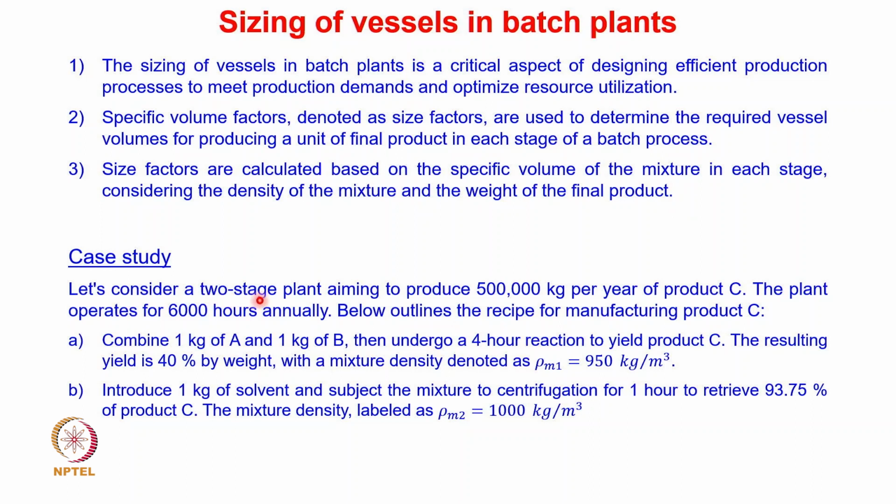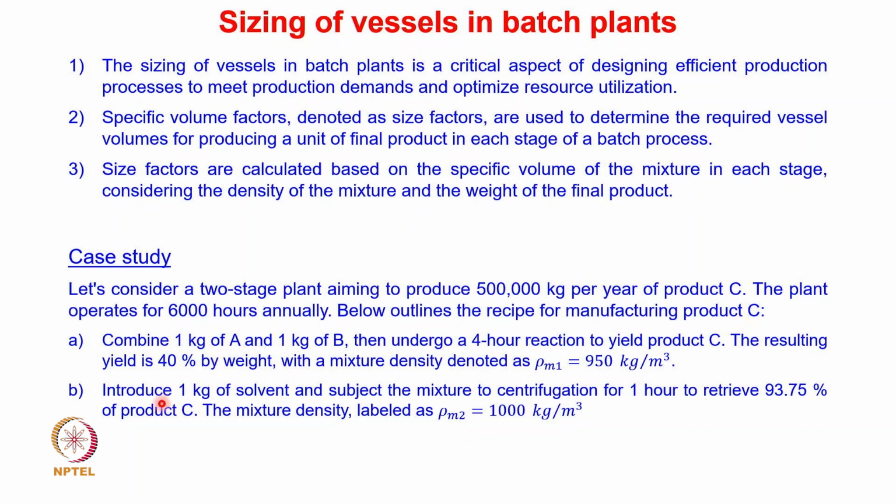Let us consider a two-stage plant aiming to produce 5 lakh kg per year of the product C. The plant operates around 6000 hours annually, and the below outlines the recipe for the manufacturing of product C. Remember, in a batch plant the recipe has to be provided.